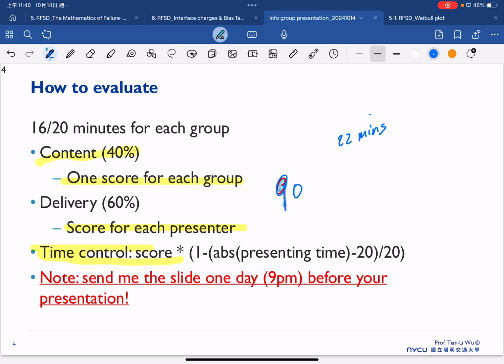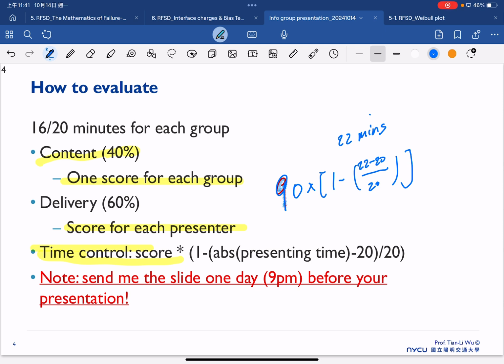So what I will do is a reduction based on these additional 2 minutes. So that would be the score. So basically you have a 90, but now you have 2 minutes exceeding the targeting time.